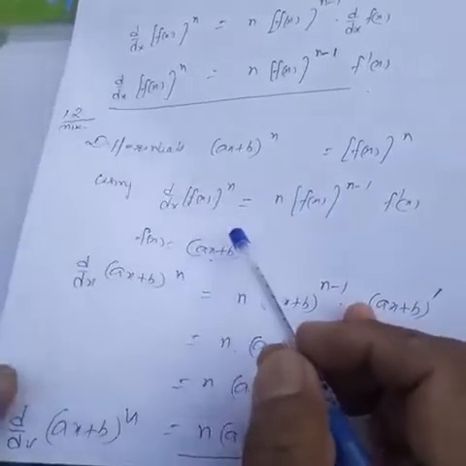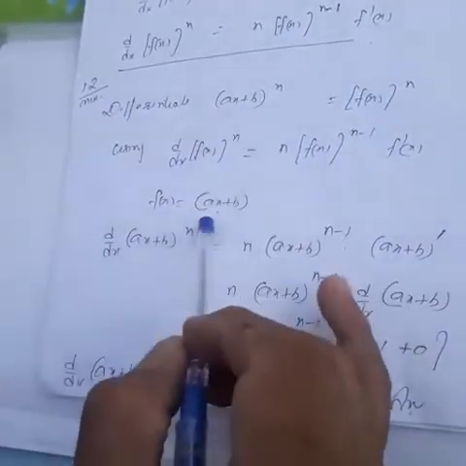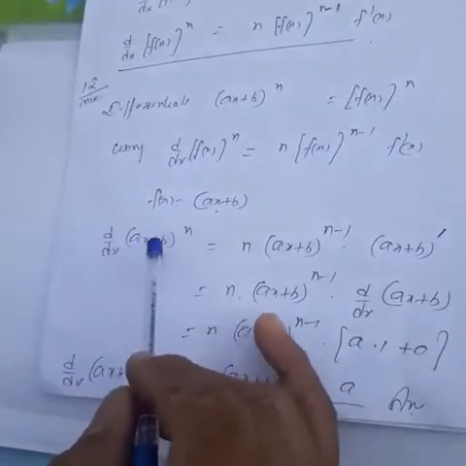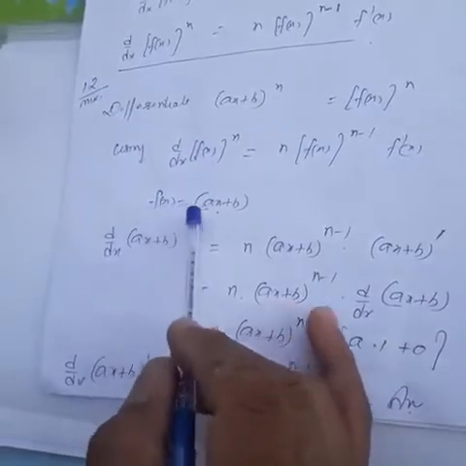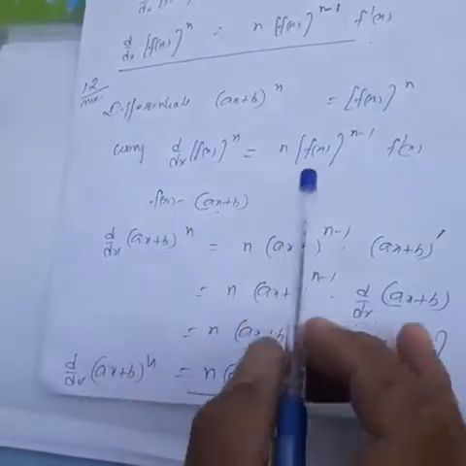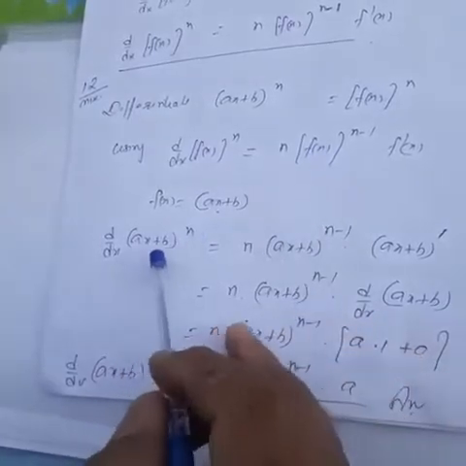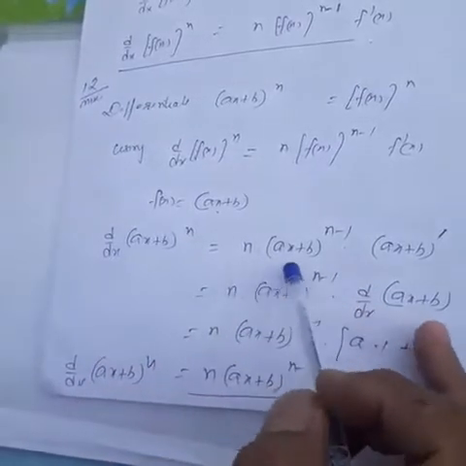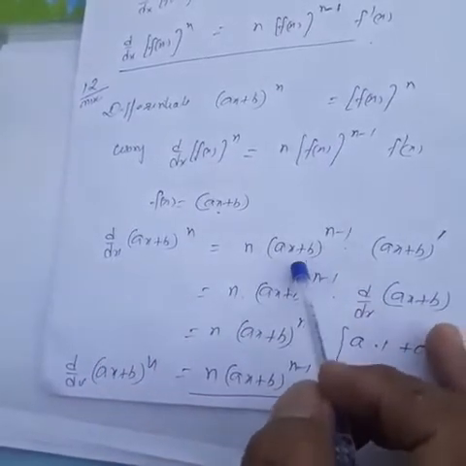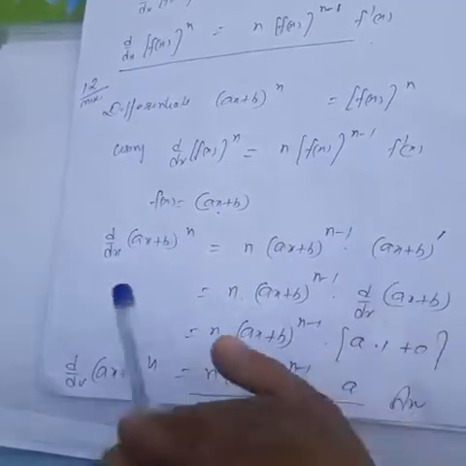So if you apply this formula to this function, what will happen? The derivative of (ax plus b) raised to the power n, where f(x) is ax plus b. In this formula we will replace f(x) by ax plus b. So it will be n into (ax plus b) raised to the power n minus 1 into the derivative of (ax plus b). Now what is the derivative of ax plus b?